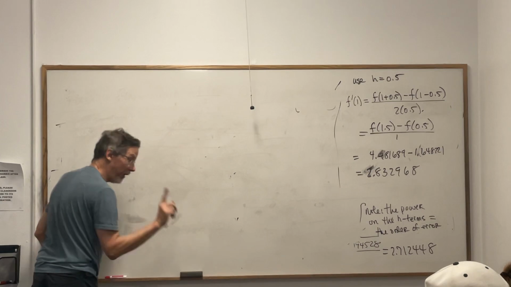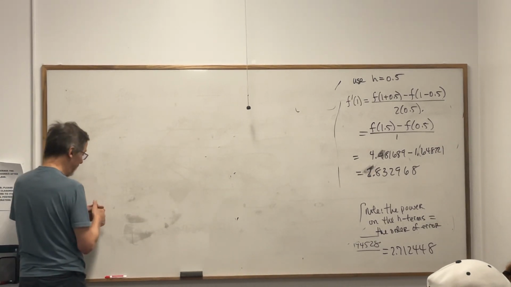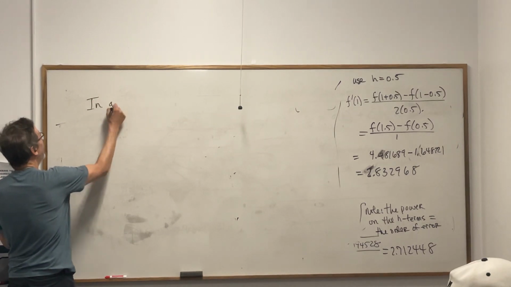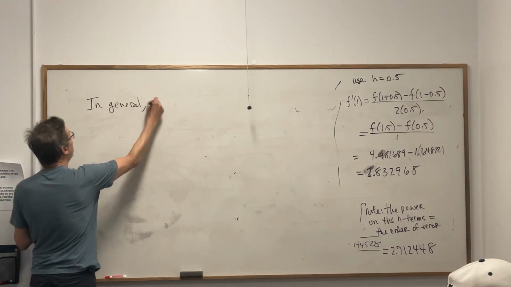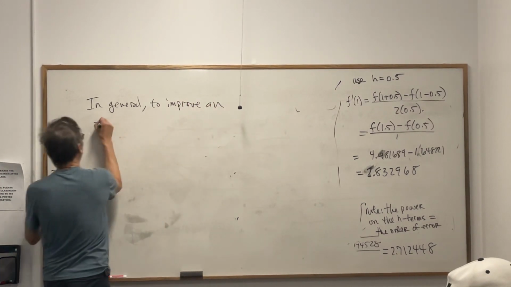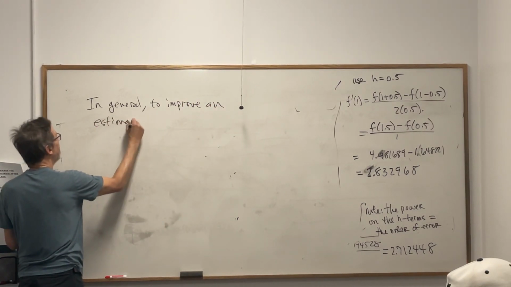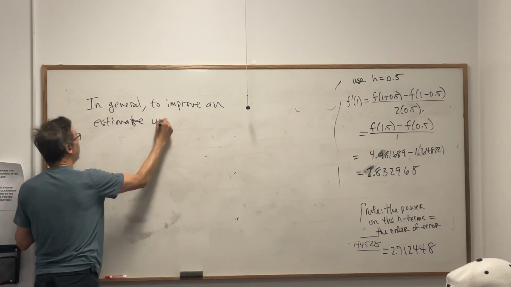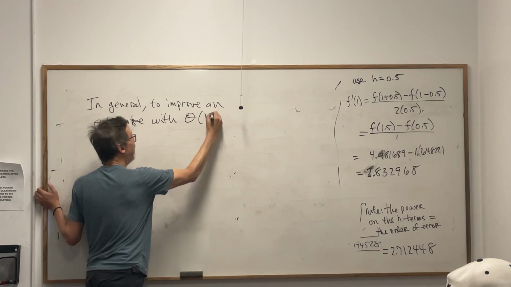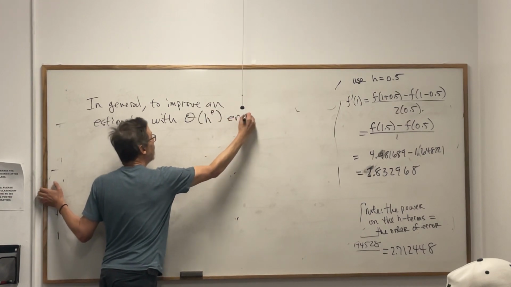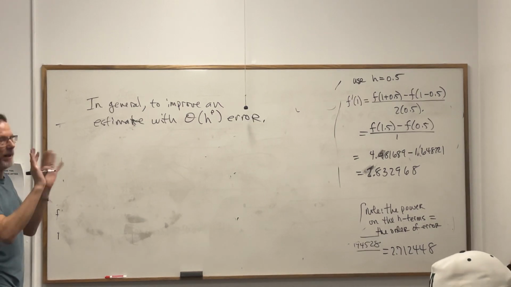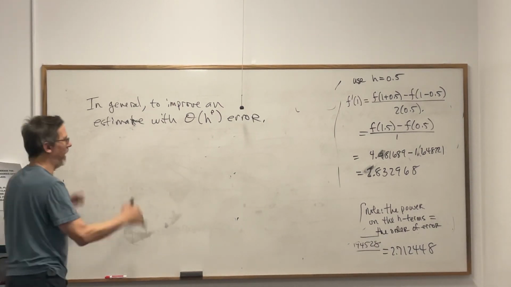So the general Richardson extrapolation algorithm goes like this, and it's in that sheet that I gave you. But in general, to improve an estimate with order h to the p error, it's probably going to be even for us. It doesn't have to be, but it's probably going to always be.